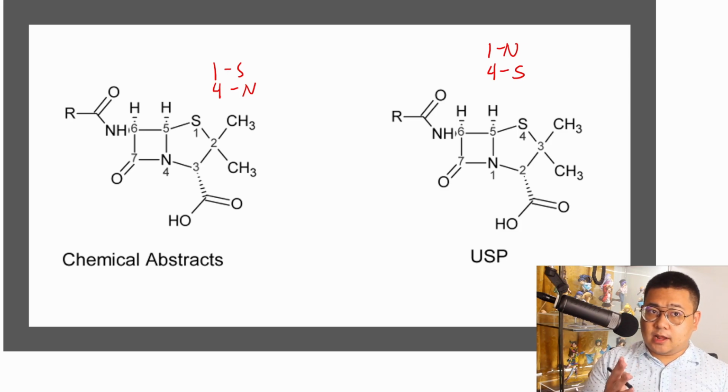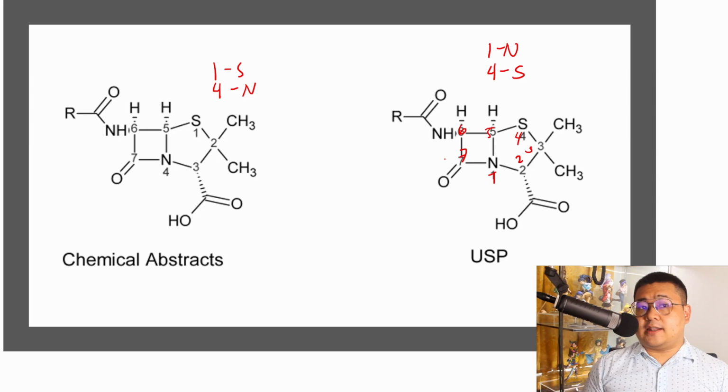So it starts at nitrogen and 4 is at our sulfur. Please take note of the numbering. You start at nitrogen, then the numbering goes towards sulfur: 2, 3, 4 is sulfur, 5, 6, and 7. That is the numbering system of our penicillin.